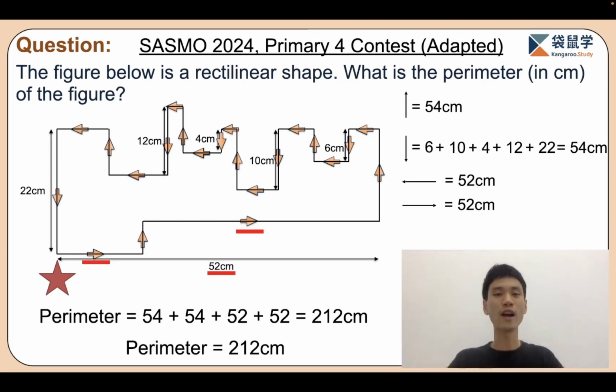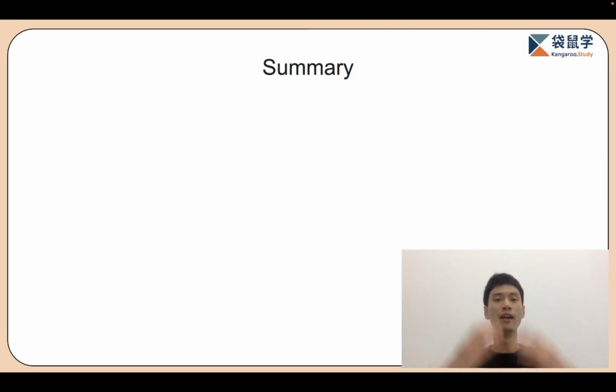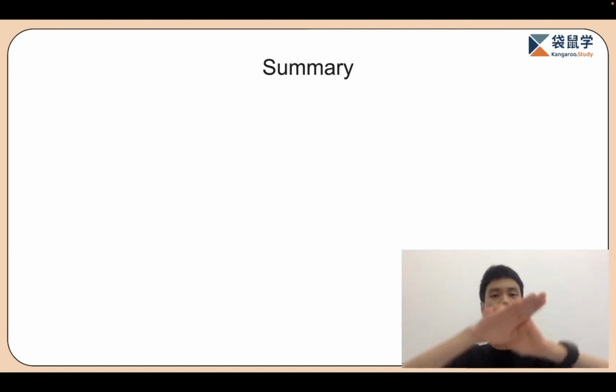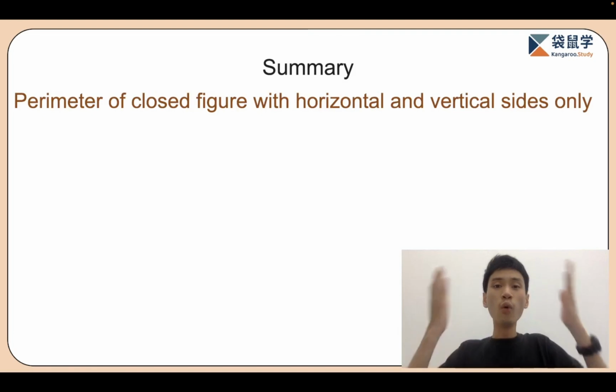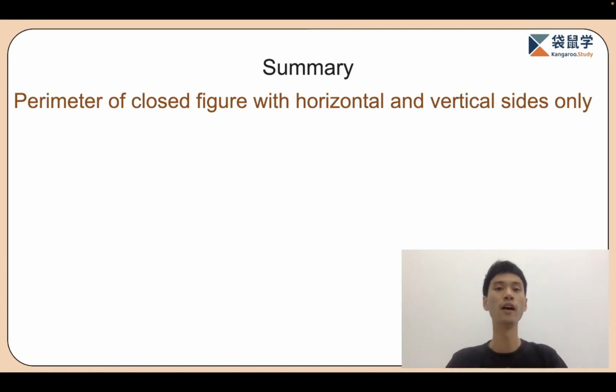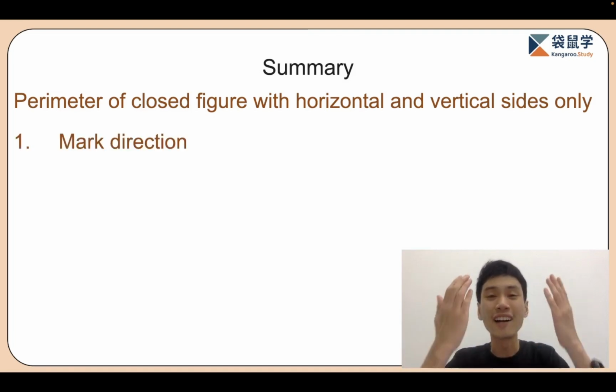Now, let's summarize everything we've learned so far today. So, in today's video, what we've learned is that we have perimeter questions. And these perimeter questions can involve closed figures with only horizontal and vertical lines. And with these kinds of perimeters, what do we do to solve the question? Well, first, what we need to do is we need to draw those arrows, remember? And we call that marking direction.